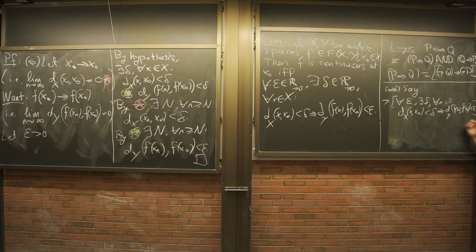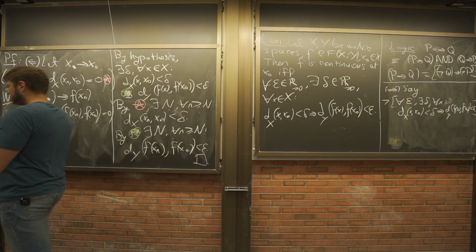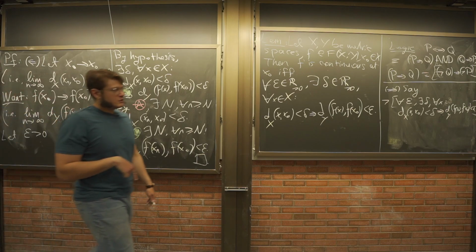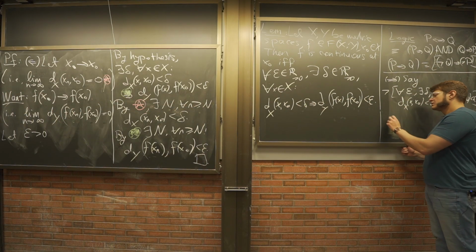I'm assuming that the conclusion fails, not this. It turns out that there's a rather straightforward way of negating statements like this, especially when you write them in this form, where you have first quantifiers and then the statements. You keep the order, and then you flip the quantifiers. For alls turn into there exists, there exists turn into for alls, and implication turns into something which I'll tell you.